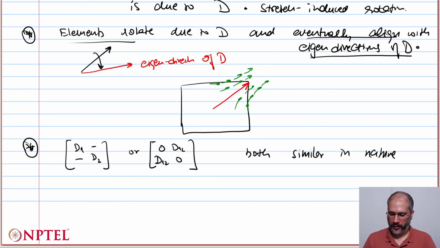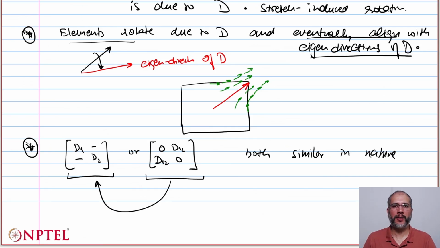Because mathematically speaking, if you have a symmetric tensor like this, you can always bring it to a diagonal tensor by rotating your coordinate axes along the principal directions. So basically what that means is it was purely a choice of our axes that resulted in this nature of D.